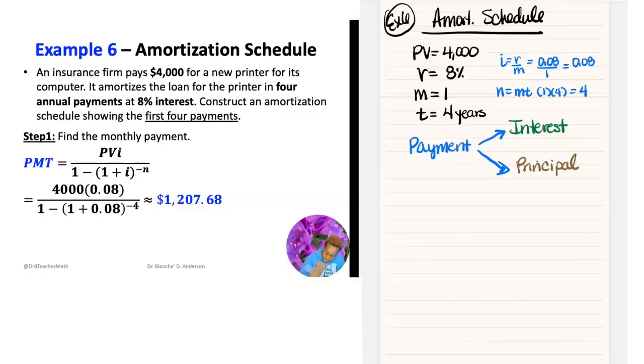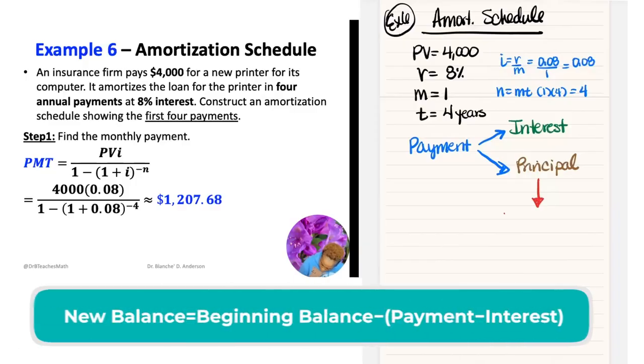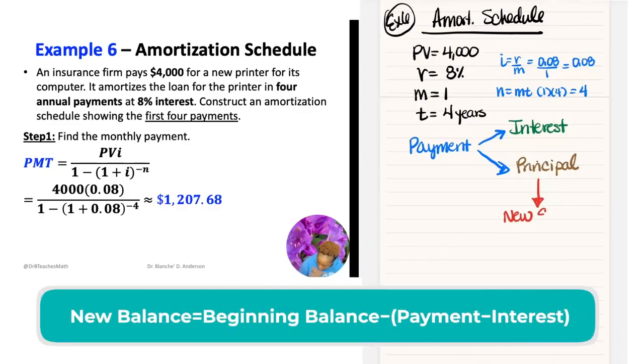And then you're going to show that after you make the payment to the principal, the new ending balance at end of each year.